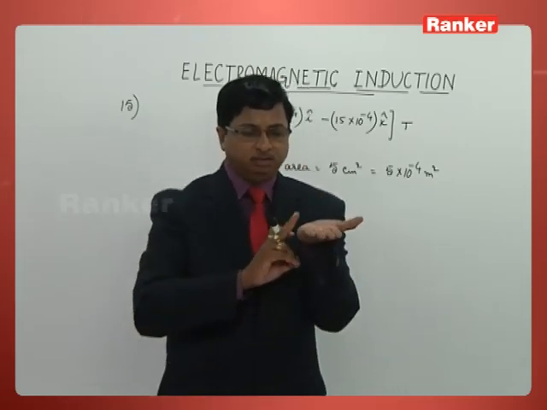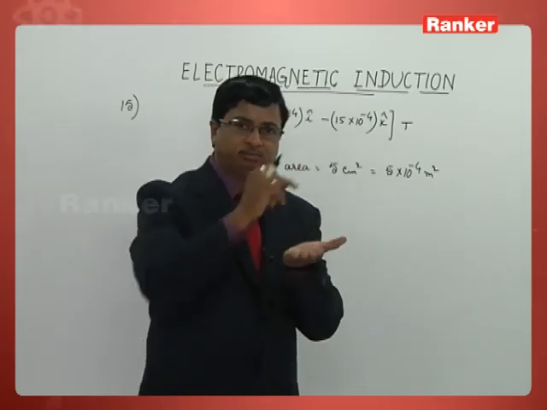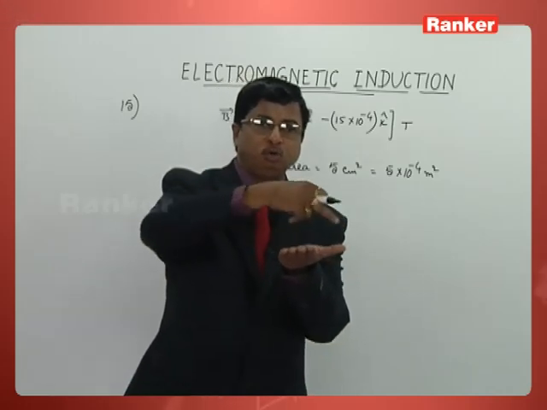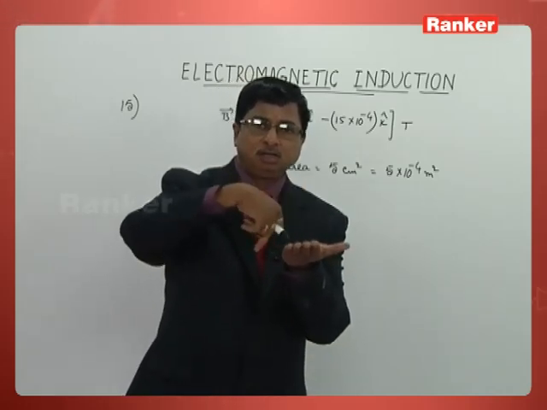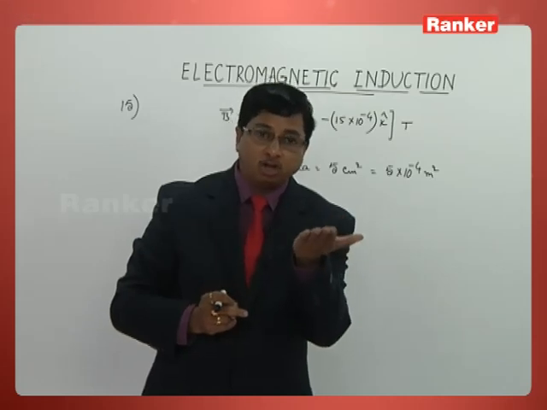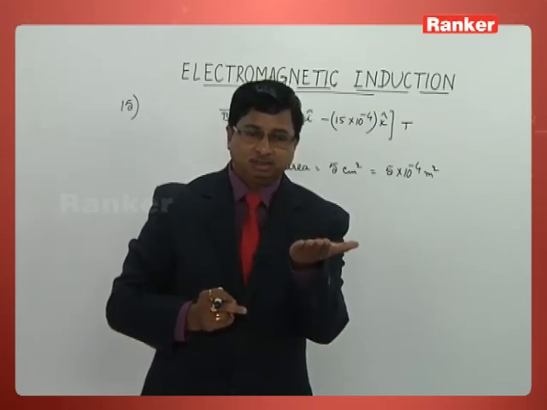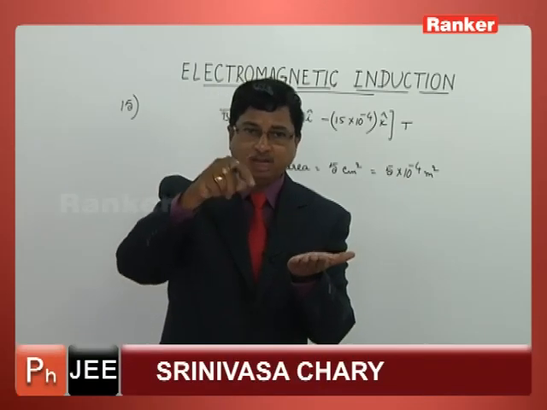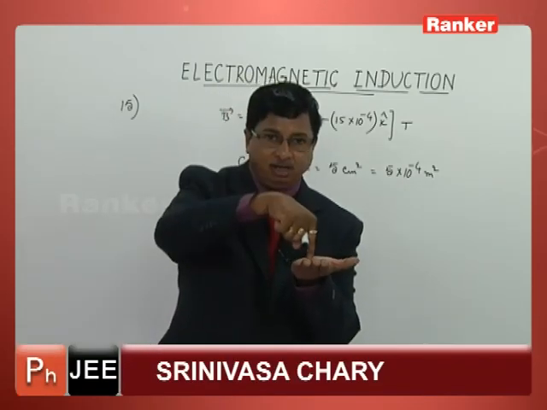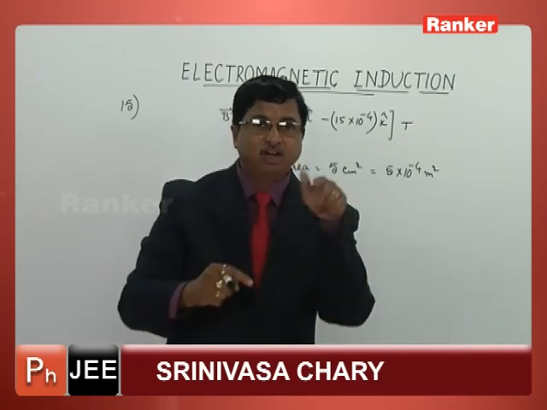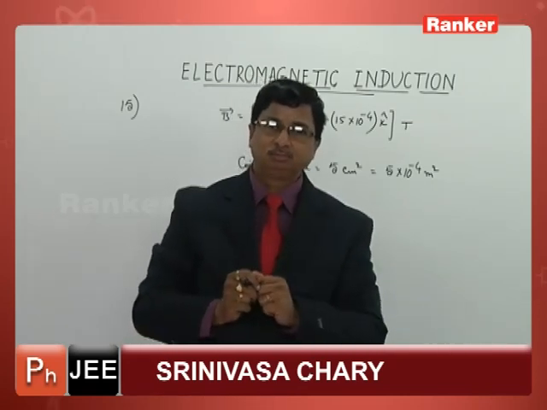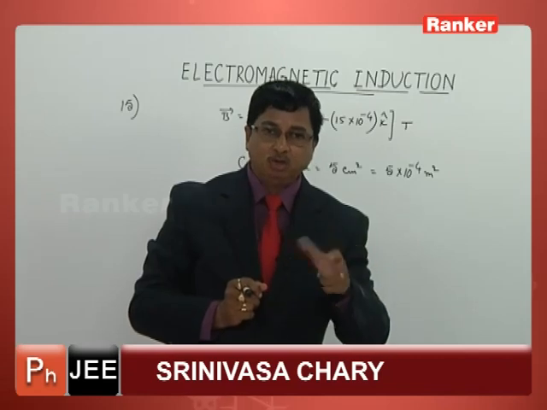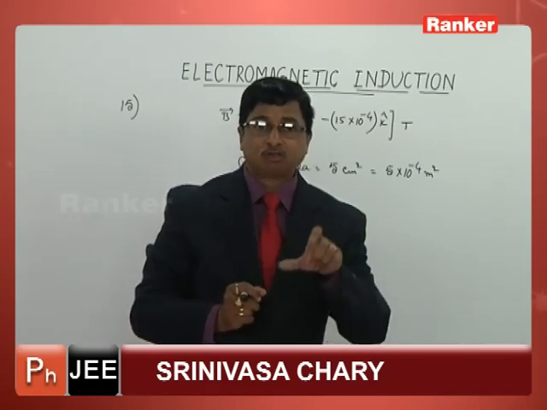Observe, for example, this is x and this one is y. If I place that loop flat on the xy plane, then you can understand that the magnetic flux passes through the coil along the z-axis, perpendicular to the x and y plane.